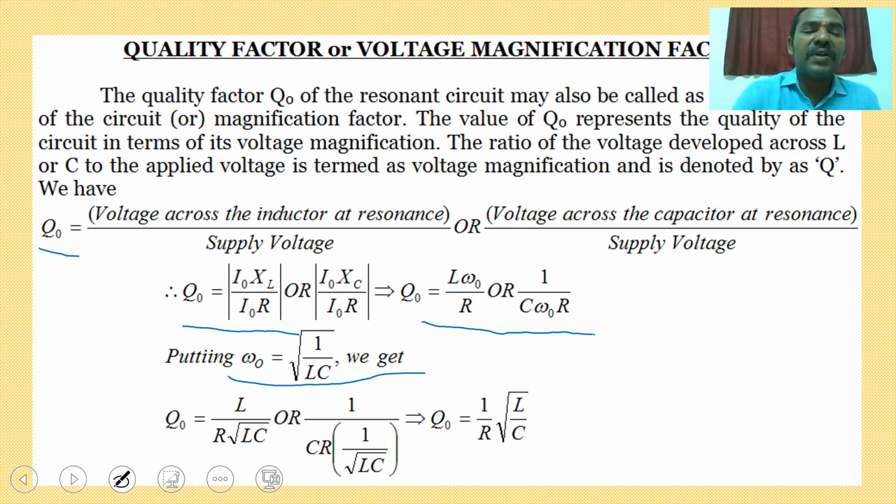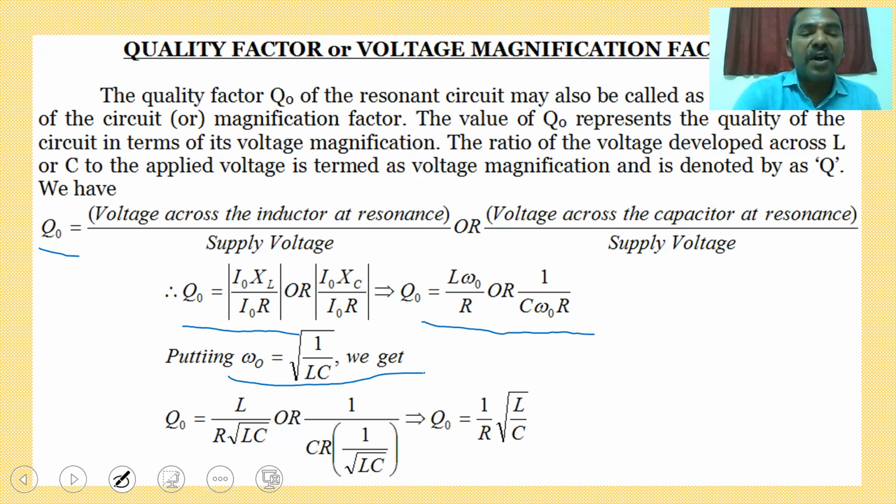The resonating frequency is 1 by root LC. If you substitute in the above equations, Q0 is equal to L divided by R root LC, or 1 by CR into 1 by root LC.